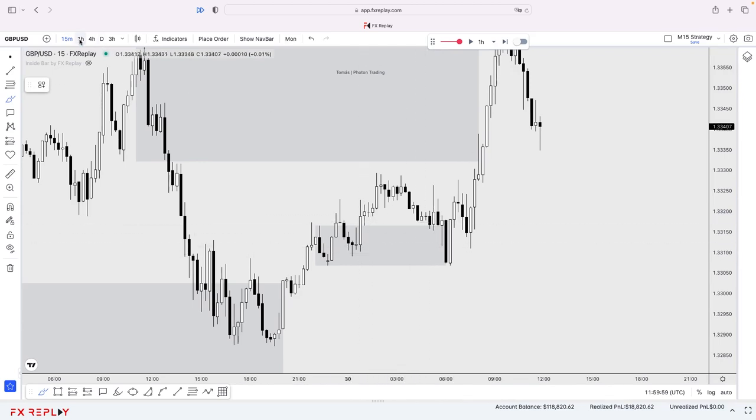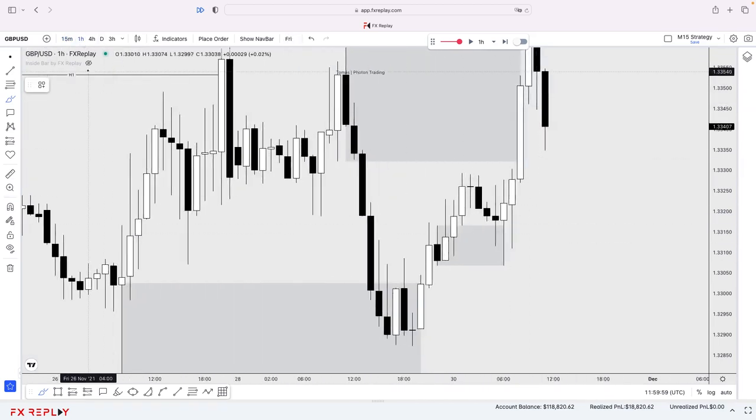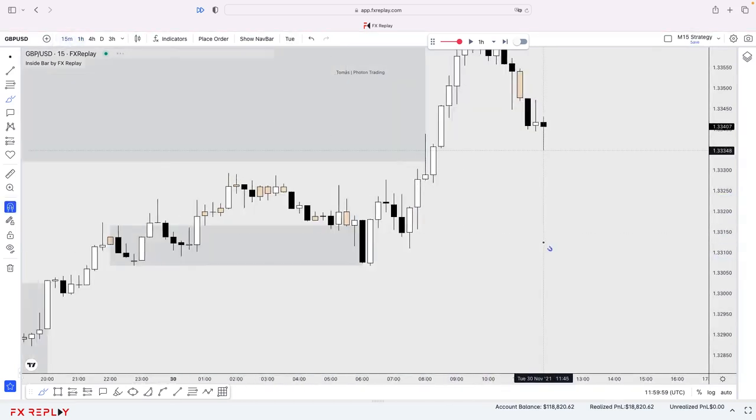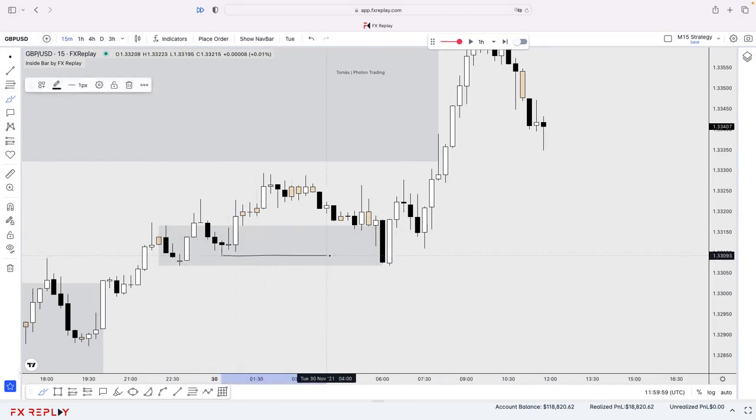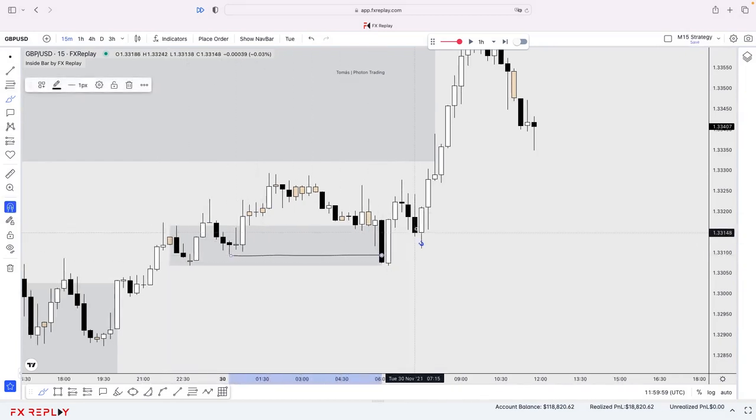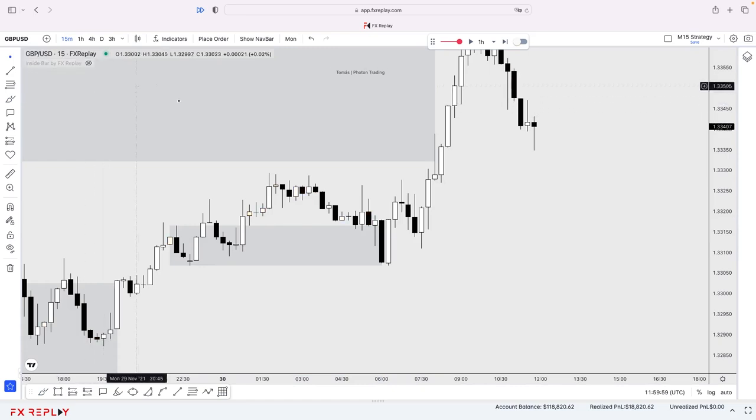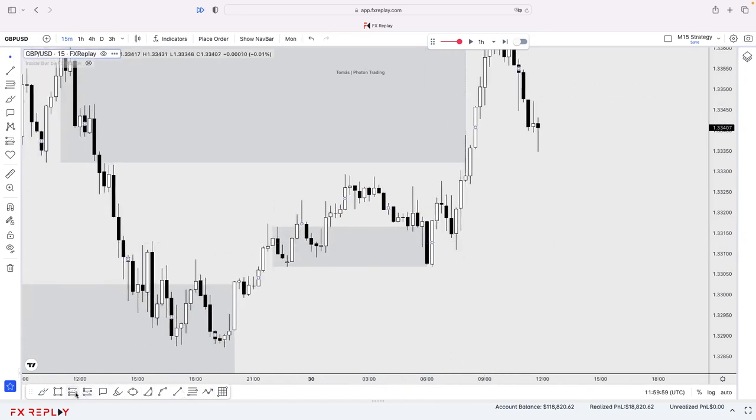Very clean entry model because we have the H1. If you consider this as H1 lead, even if you don't, you have the M15 lead. So basically, yeah, it would be a winning trade. A little bit annoyed by missing this one, but yeah, we have the M15 lead.